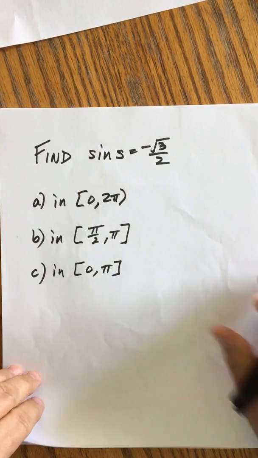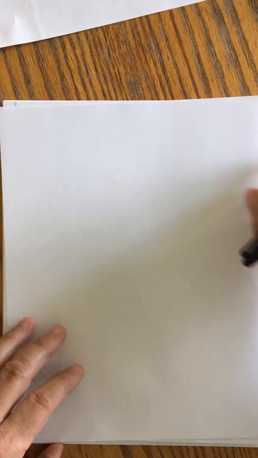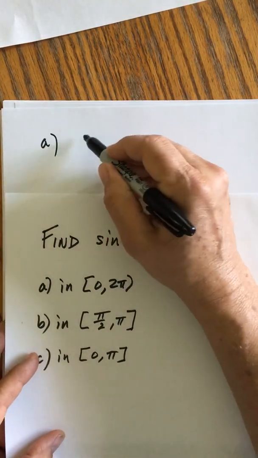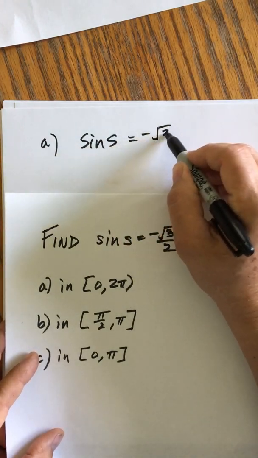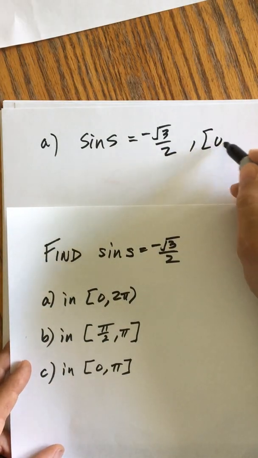If I'm looking for sine of S, for part A, I want to know sine of S is equal to negative square root 3 over 2, and I'm looking for that from 0 to 2 pi.